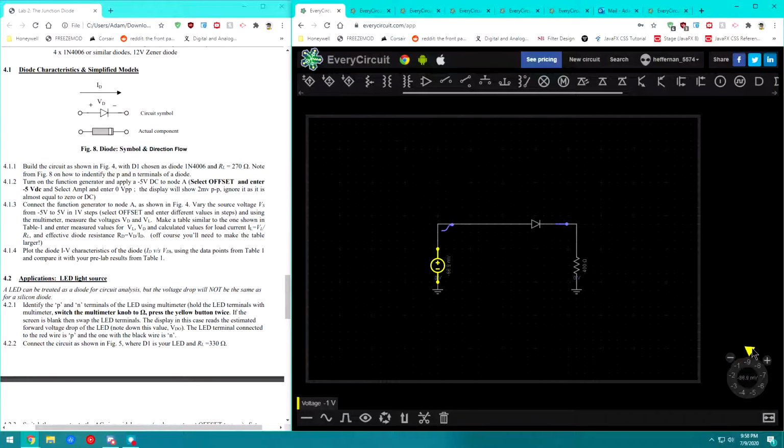So we'll go back around to 0. And then we'll go up to 1 volt.